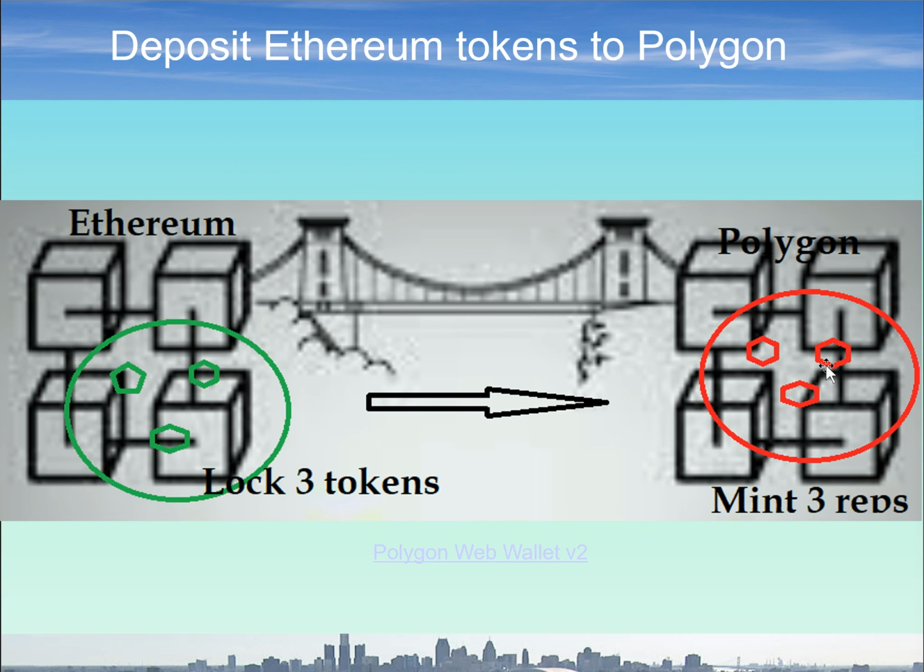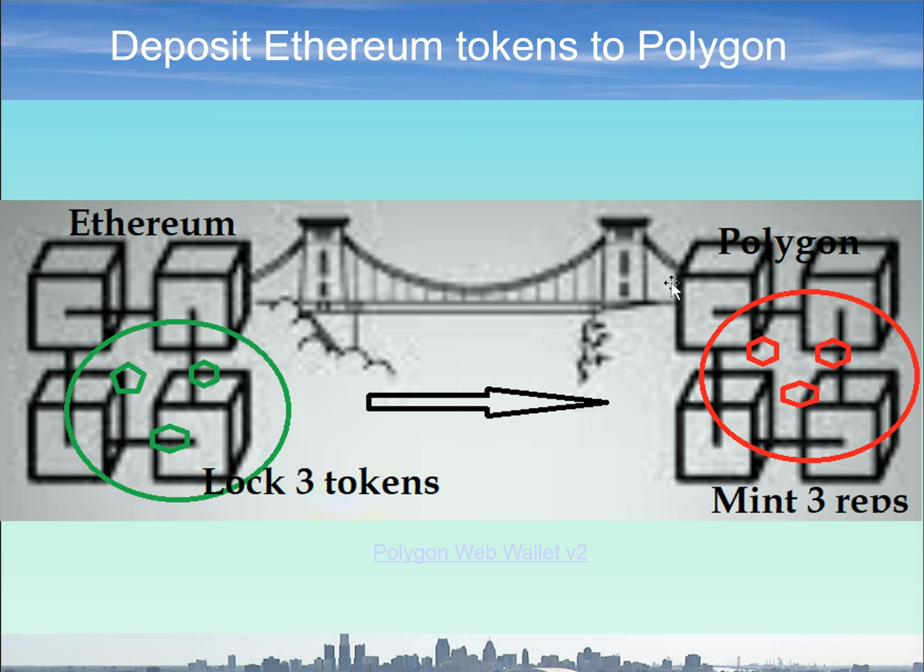The word mint means create three representatives. So when we say the tokens are sent from Ethereum to Polygon, it's just like a simulation because the token on Ethereum can never be sent to Polygon. These are two different blockchains. The one token on one blockchain is always going to stay on that blockchain.